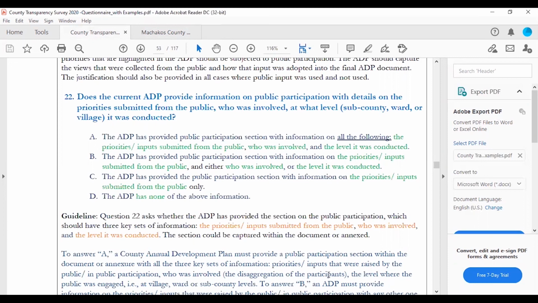So these are key information that needs to be looked at in the annual development plan. So you can see that that is how an annual development plan should look like. Unfortunately, the one for Machakos, you have seen for yourself where Machakos County lies.